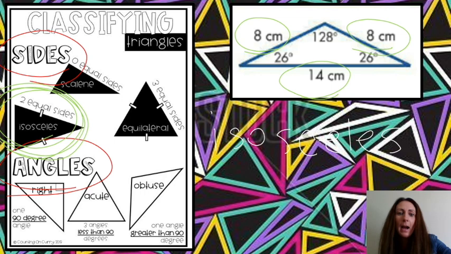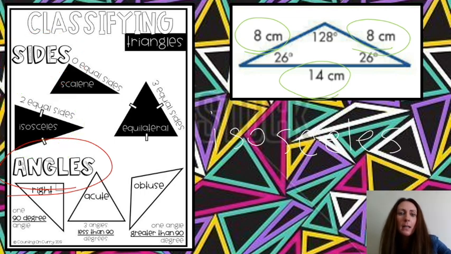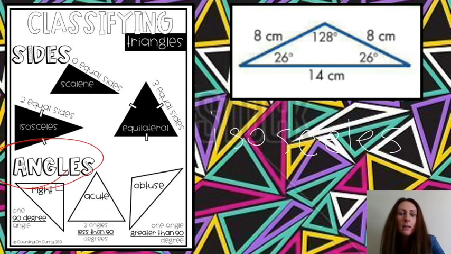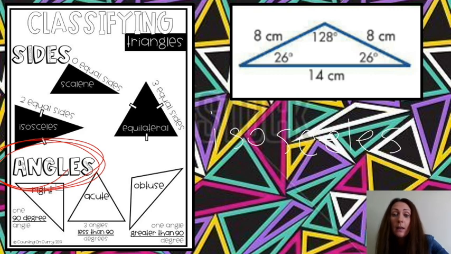Okay, now we've classified by sides. Let's classify by angle. So what did you guys decide was going to be the classification for our triangle? Oh, obtuse? Okay. You think it's an obtuse triangle?